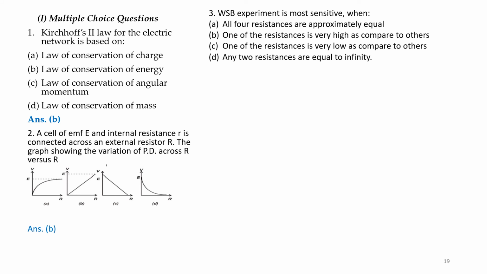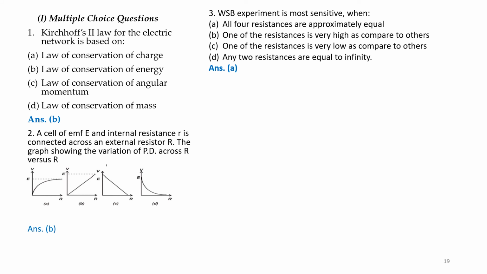The correct answer is A, because we know the four arms of Wheatstone bridge are P, Q, R and S. So the resistance of the galvanometer can be ignored. Hence, the equivalent resistance is 2R into 2R divided by 2R plus 2R. The value is R. Hence, answer is A.